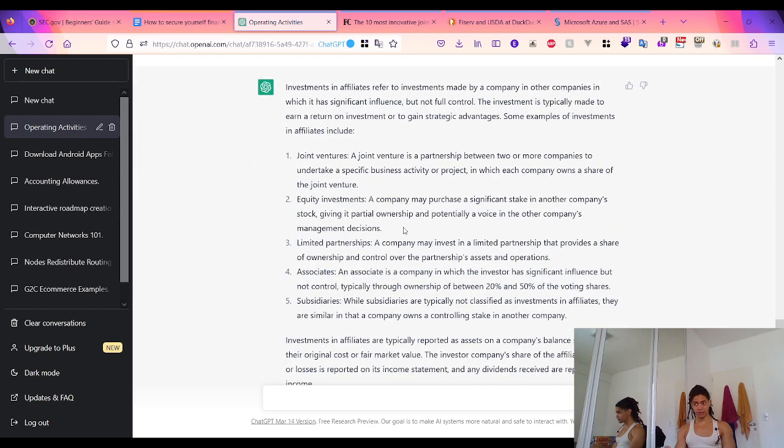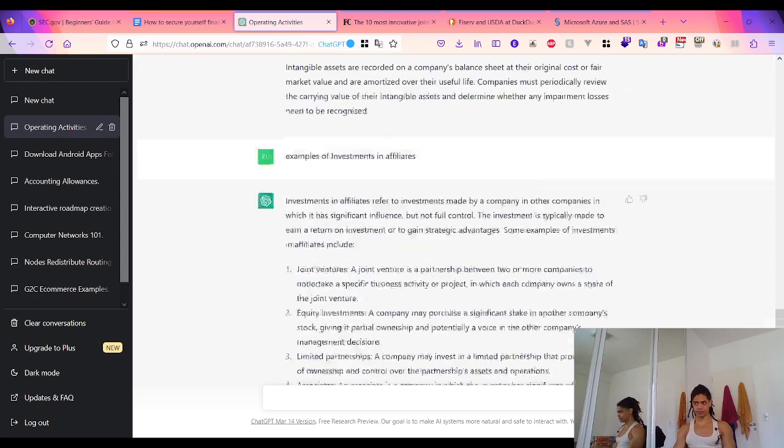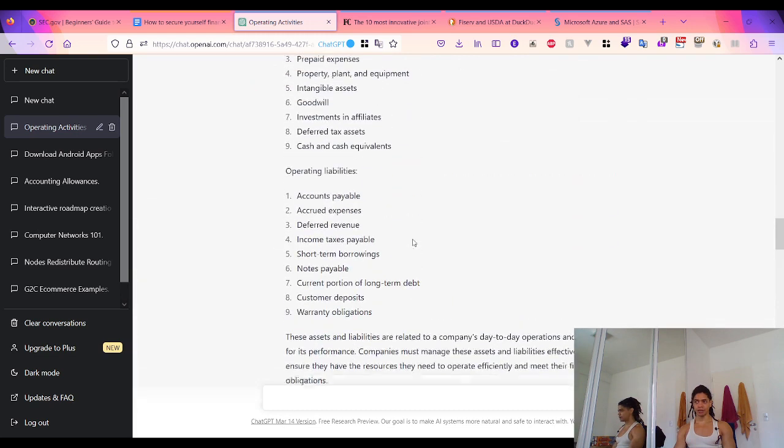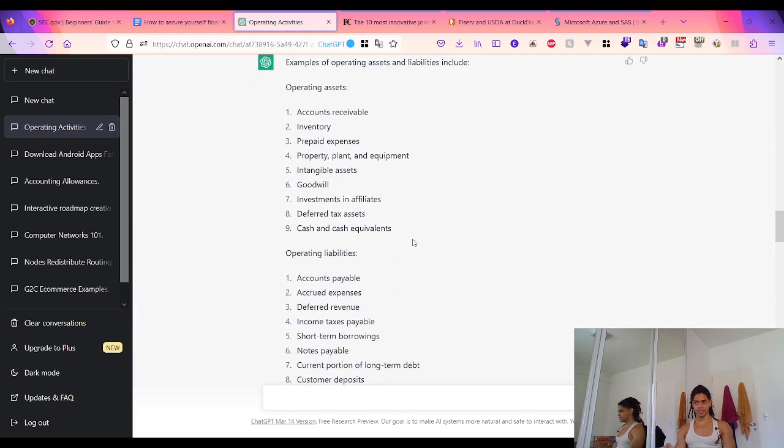So here you have joint ventures, equity investment, limited partnership, associates, and subsidiaries. And as you follow down the list, after the investment in affiliates, you also have deferred tax assets and cash equivalents, such as bank deposits, commercial paper, treasury bills, and money market funds.